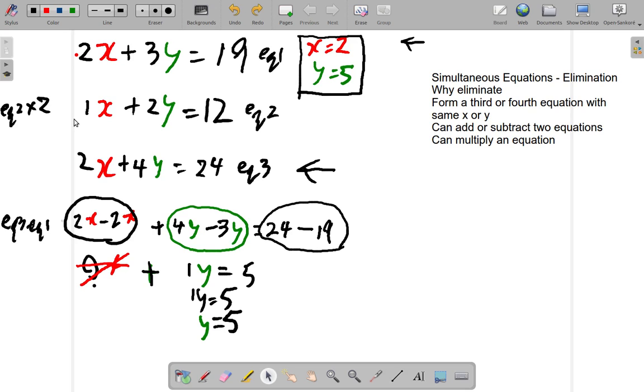1 and 2 and still had a number x and number y, nothing eliminated, what we can do as a strategy is form a third equation and see if we could get that third equation to add or subtract to one of the old equations that we had originally.